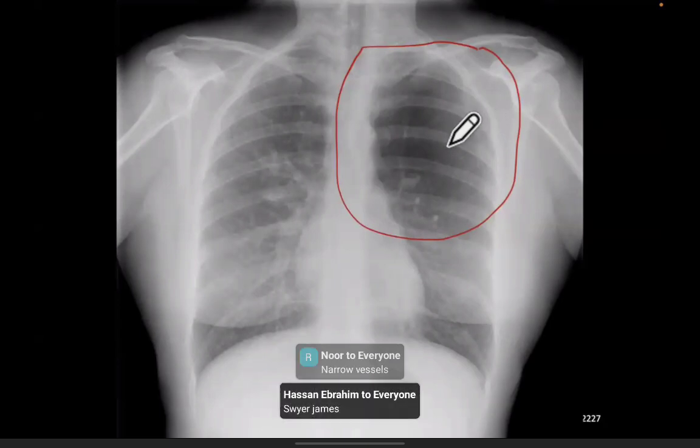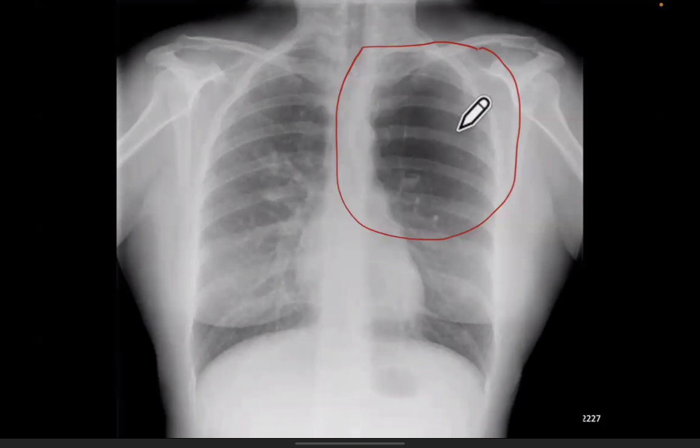And so the first thing you do when you see a hyperlucent lung field is that you count the number of vessels, and they are reduced on that side compared to this side. Okay, therefore it's a lung problem on the left-hand side.